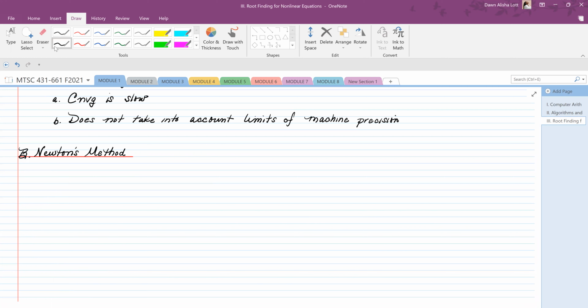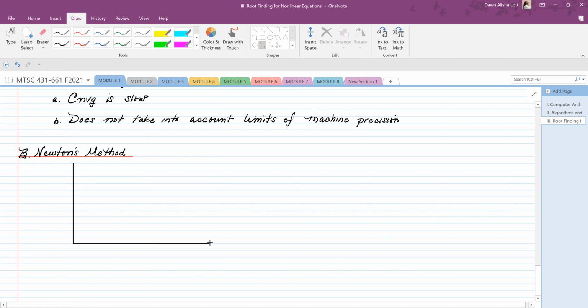All right, so Newton's method is based on using the tangent line to help us find a new root. Okay, so let's draw a picture of Newton's method. So here's Newton's method. Here's my function.